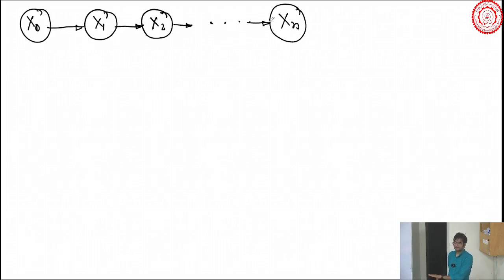This is also the first order Markovian assumption, which means xn is only dependent on xn minus 1. Or rather, given that you have observed xn minus 1, xn is conditionally independent of everything that happened before that. Conditional independence, remember? That statement. So this is a first order Markov chain.